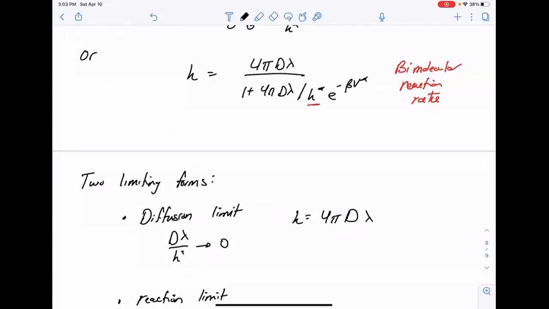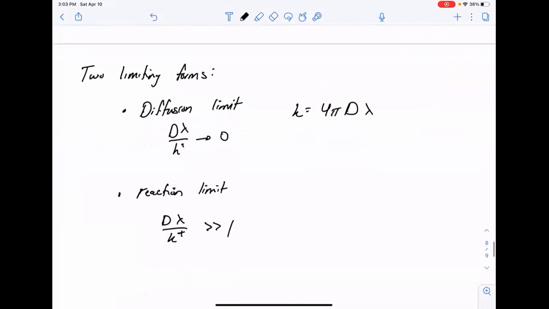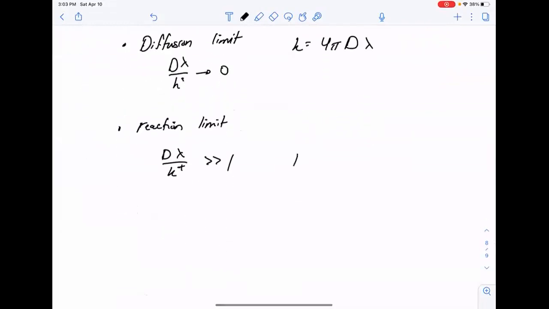I can neglect the 1, and the factors of 4 pi d lambda will cancel. And I will get that the bimolecular rate now is just given by the intrinsic reaction rate, the barrier crossing event, times the probability to find the set of molecules A and B at point R star.